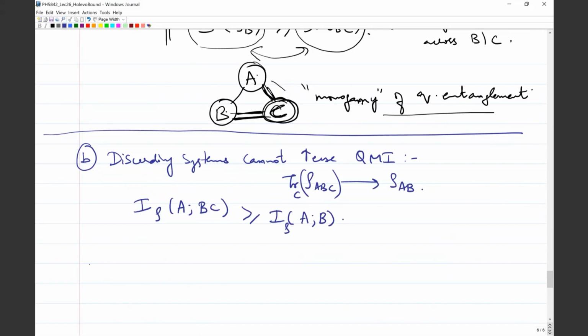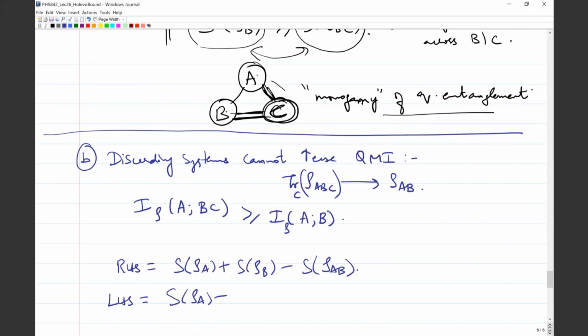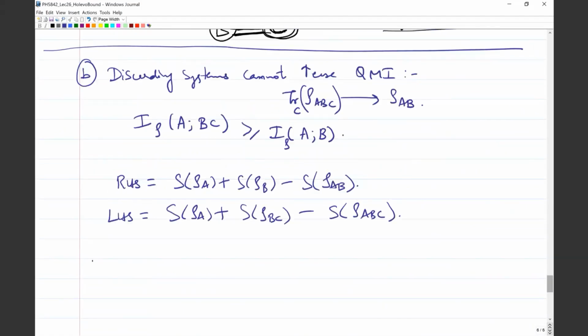So let's try to write down these quantities. So what's on the right hand side? You know that that is just this. And the left hand side is S rho A plus S rho BC minus the joint. So now just invoke SSA.